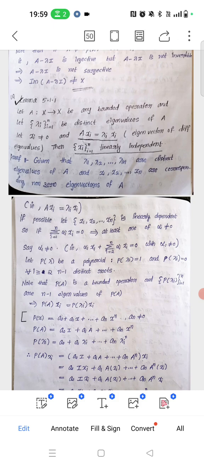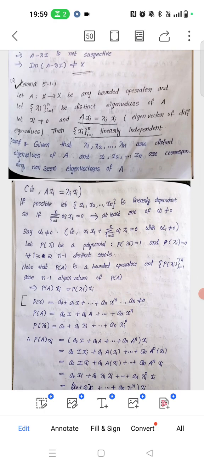Then they should be linearly independent. The zero vector is an eigenvector for every eigenvalue, so we consider only non-zero vectors, because any set containing the zero vector is linearly dependent.